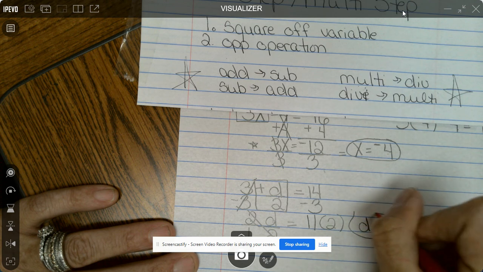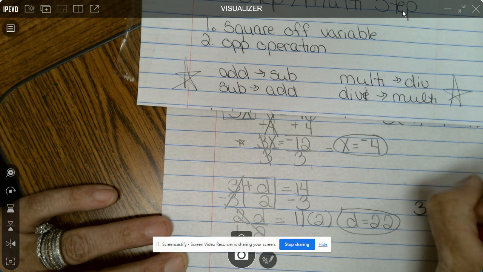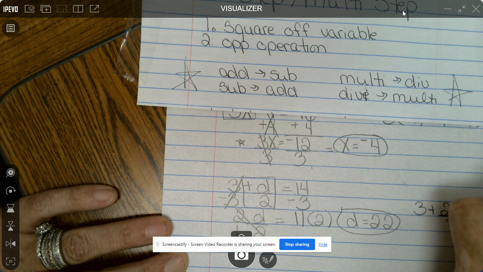If we wanted to double check our work, we could insert it: 3 plus 22 divided by 2. 22 divided by 2 is simply 11. So 3 plus 11 gives you 14. So you did it correctly.